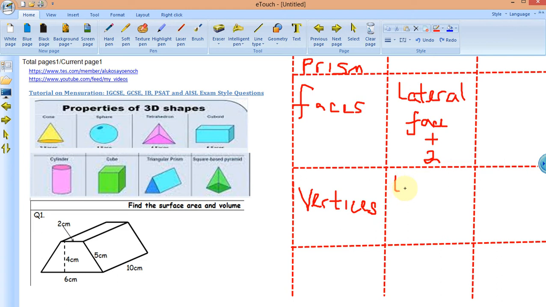Lateral means side, guys. So for example, if you look at this cuboid, there are sides 1, 2, 3, 4, so 4 side faces: front, back, and so on. So lateral faces times 2.